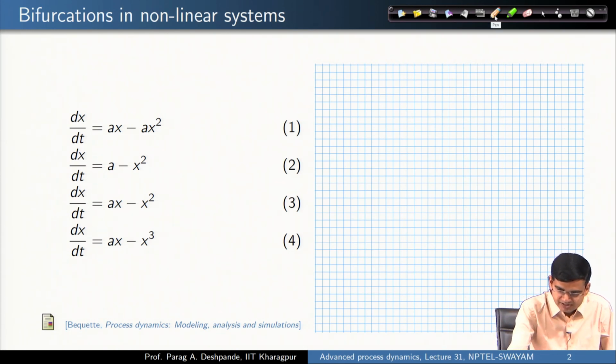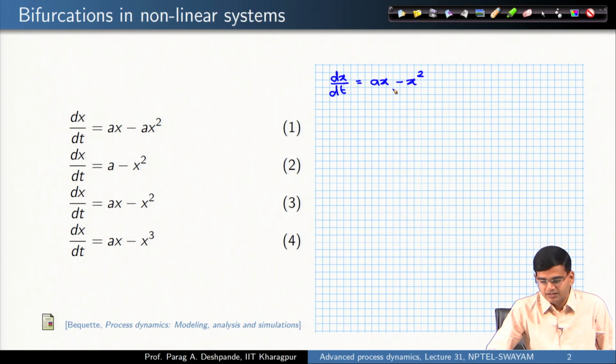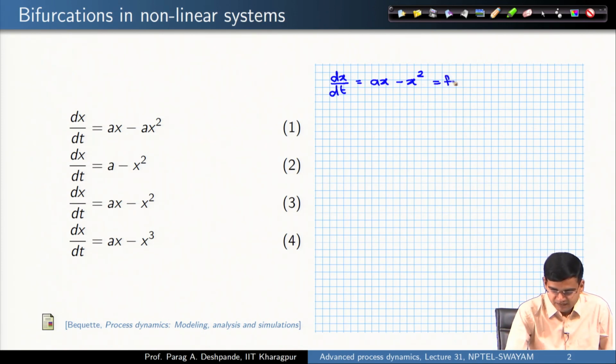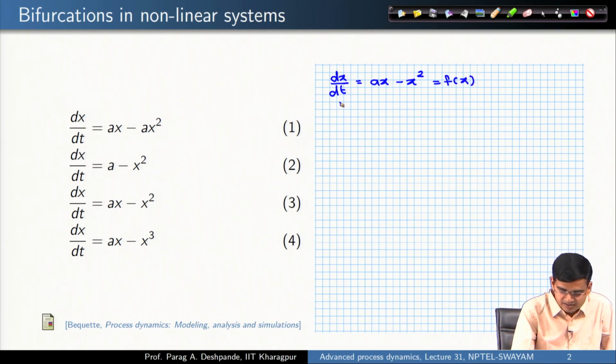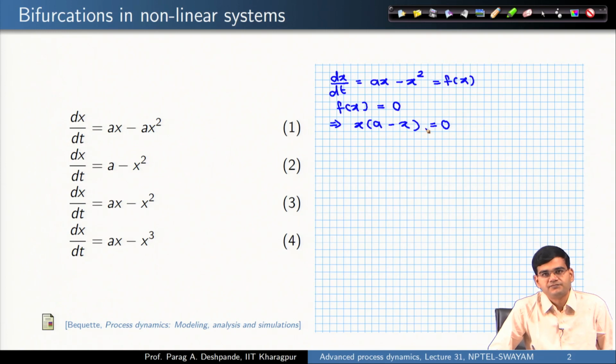Now, the equation is dx by dt is equal to a x minus x squared. So, let me assign this as f of x. I can determine the equilibrium solution by setting f of x equal to 0, which means x times a minus x is equal to 0, right.